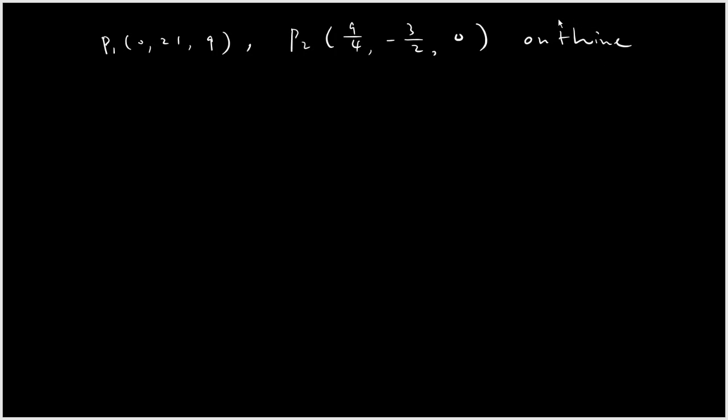I was trying to write on the line. Now, so don't be confused, okay? You need to know what things you need to get the vector equation of the line. You need a direction vector, right?